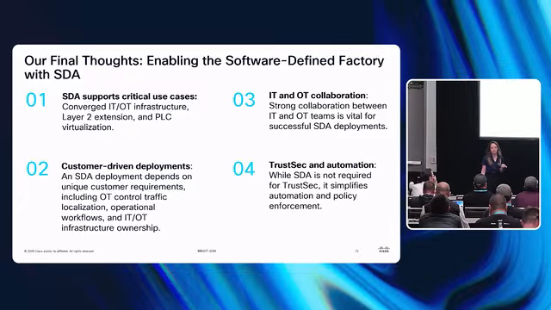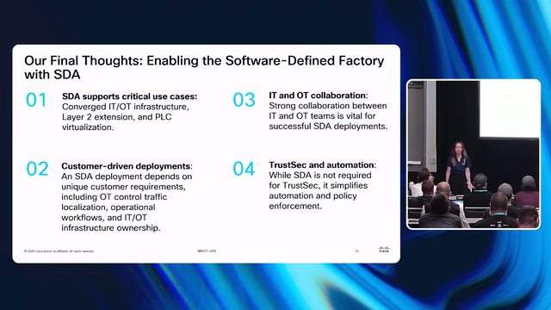But I don't think this is possible if you don't have a strong IT and OT collaboration. I don't think anyone should go SD Access if you don't have that collaboration. If you don't do the upskilling, you need to train the teams to really be able to run this network.